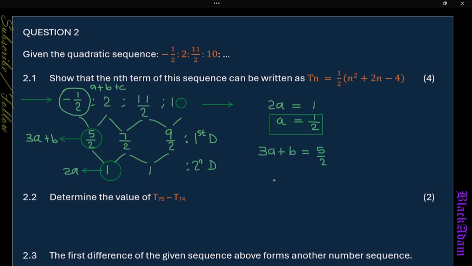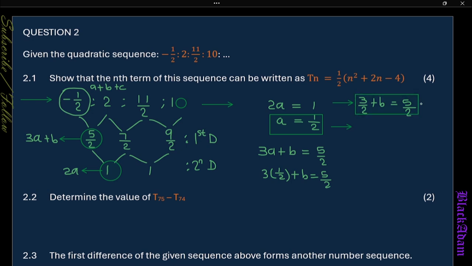So 3a plus b is equal to 5 over 2, and a is a half, and we have to solve for b. So that means 3 over 2 plus b is equal to 5 over 2.